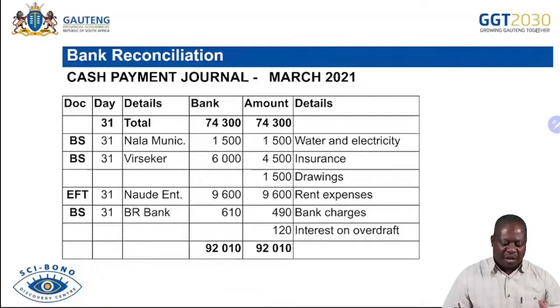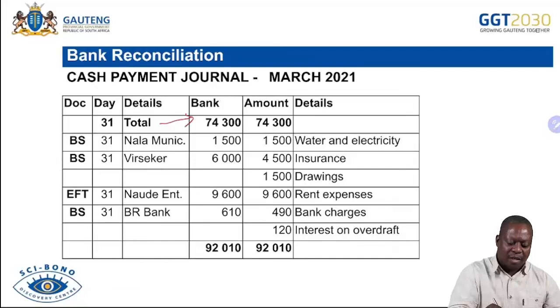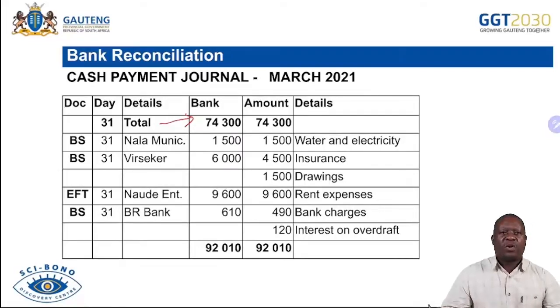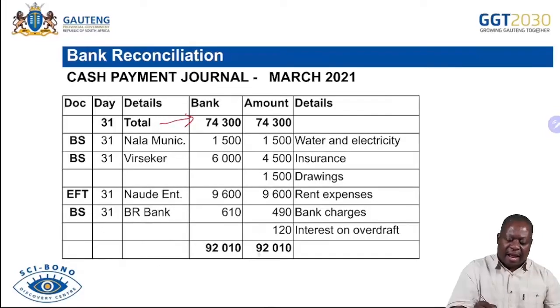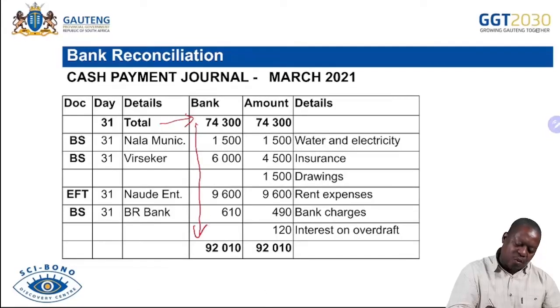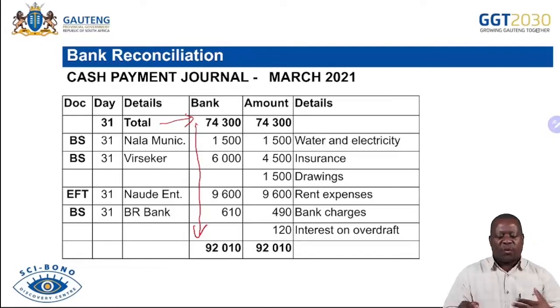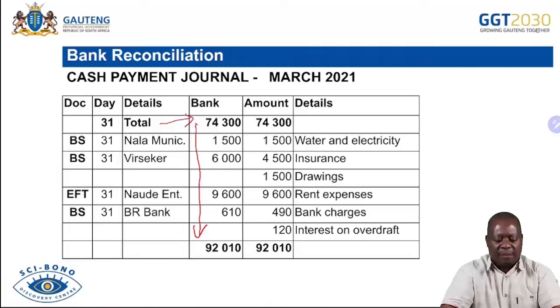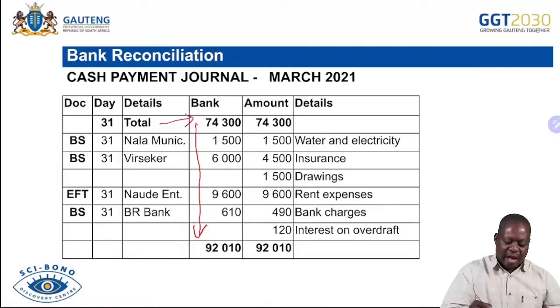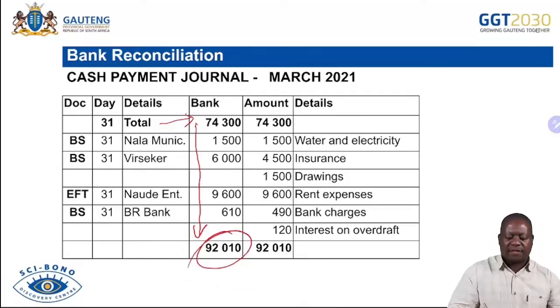Now you can see how it appears. We have the total from our CPJ, which was the provisional totals, and then we enter all the figures and amounts as we requested. After that we add the amounts starting with the 74,300, which is already on your answer sheet when you received it to start the exam, and then you get to the total, and the total figure is 92,010.